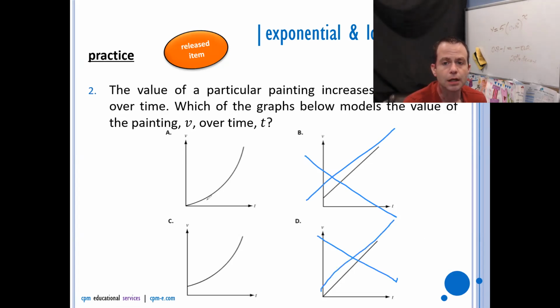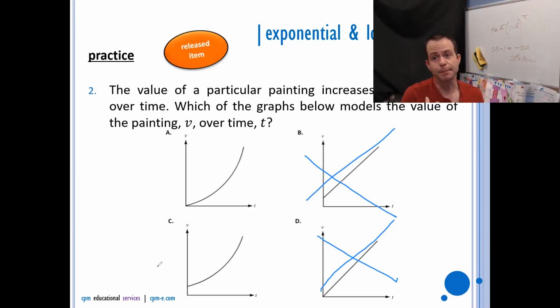Now, we're forced to look at A and C. What's the difference between A and C? A has a starting value of 0 and C has a starting value of not 0. Well, I can't really start at 0 and increase exponentially, right? Because I would keep multiplying things by 0 and that would still just be 0.